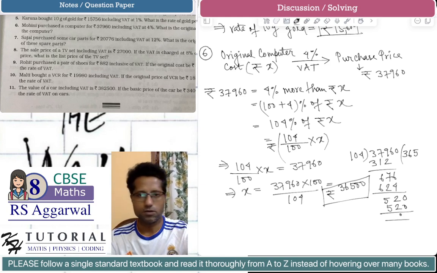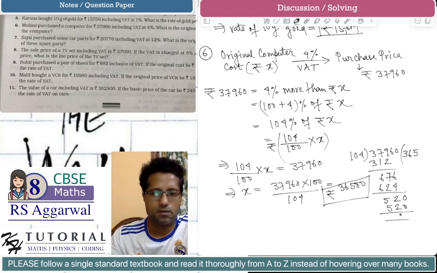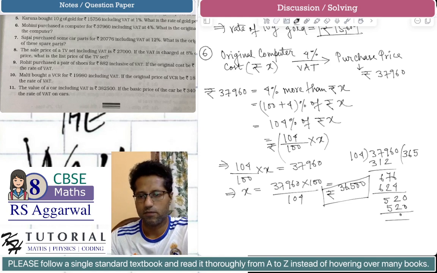So the original cost of the computer is rupees 36,500.